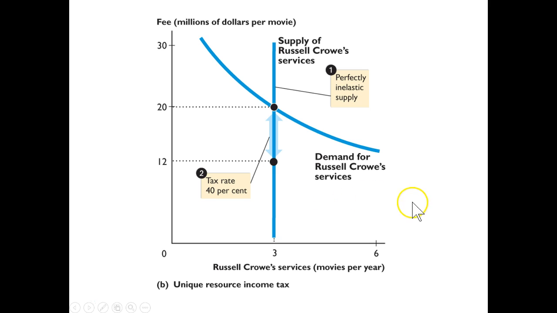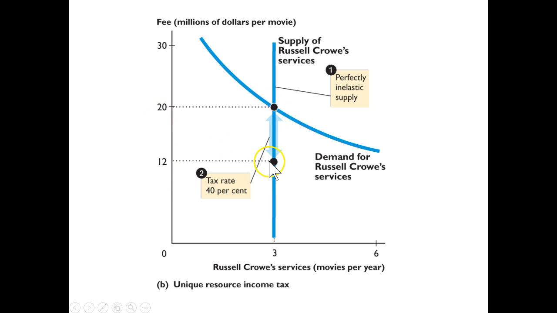But in this case, since it's a vertical curve, it doesn't make any sense to say it's shifting up or down. So for Russell Crowe, the equilibrium fee is still $20 million, but after he's paid his tax, 40%, he's only receiving $12 million instead of the 20.